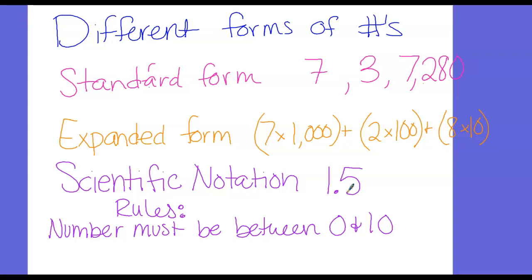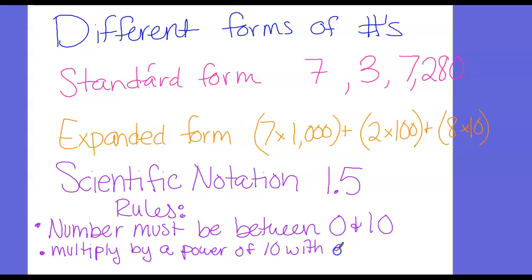Our second rule for scientific notation is that you're always going to multiply by a power of 10 with an exponent that is an integer.